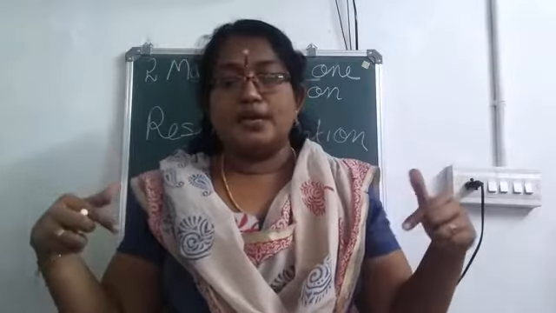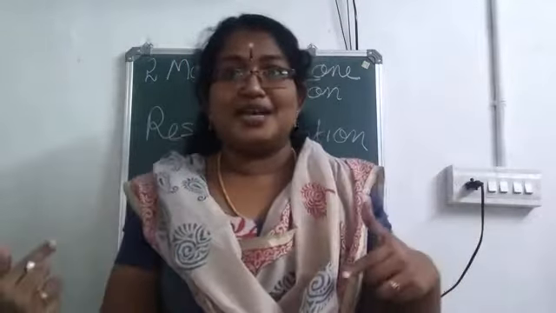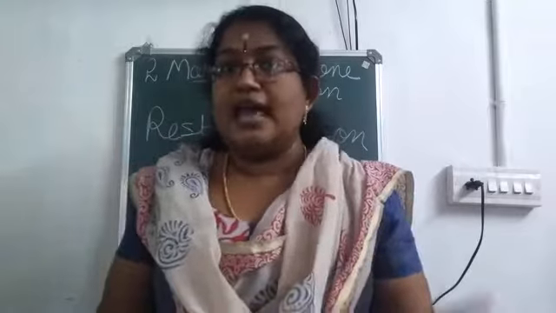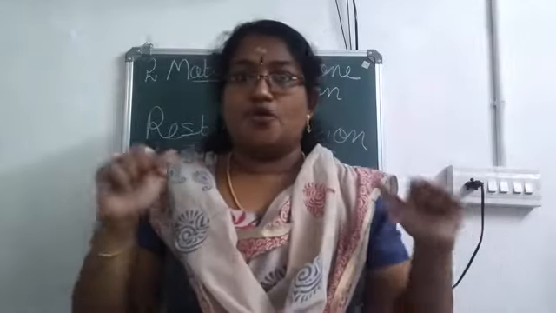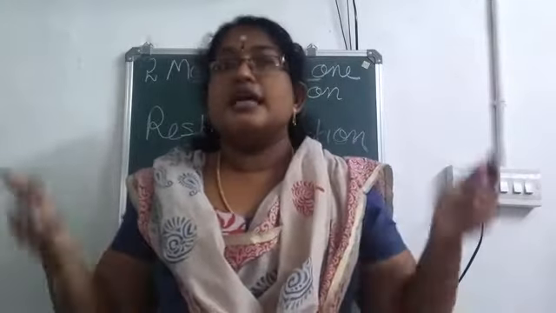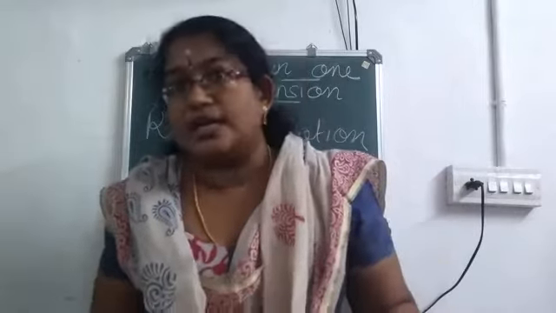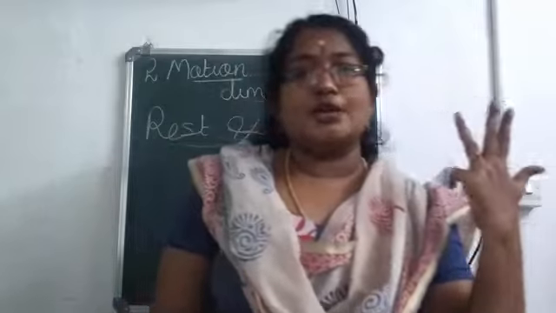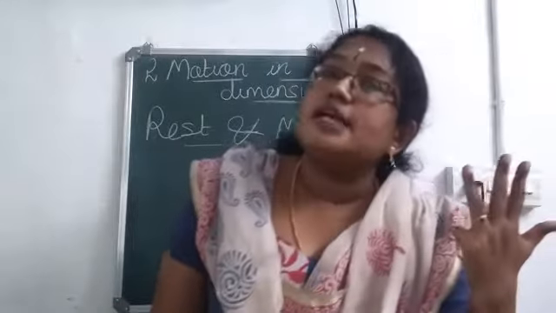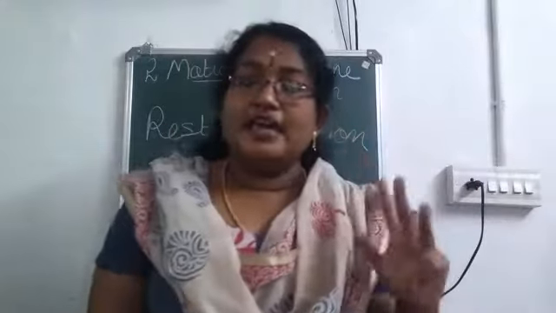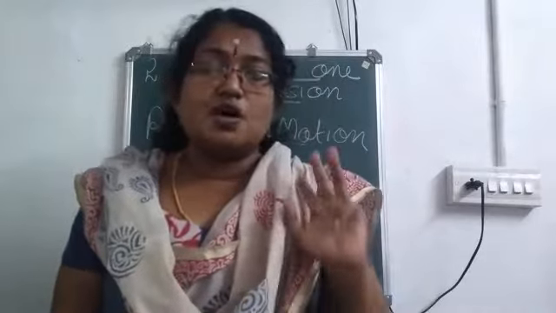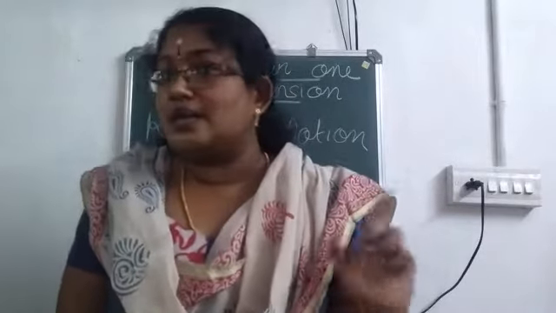So a body can be either in the state of rest or in the state of motion, and we will describe state of motion or rest with respect to the immediate surroundings. Okay. So what all things you have to remember? A body is said to be at rest if its position does not change with the immediate surroundings.